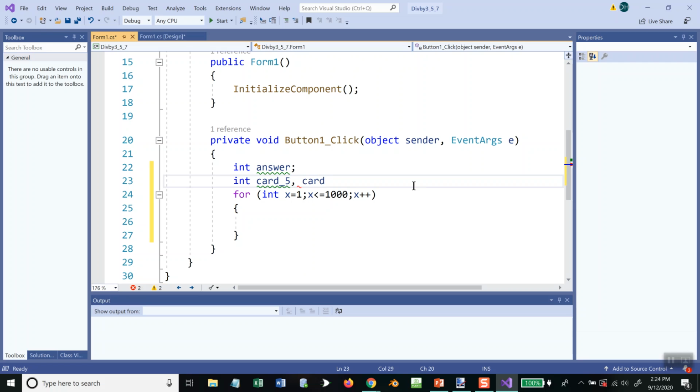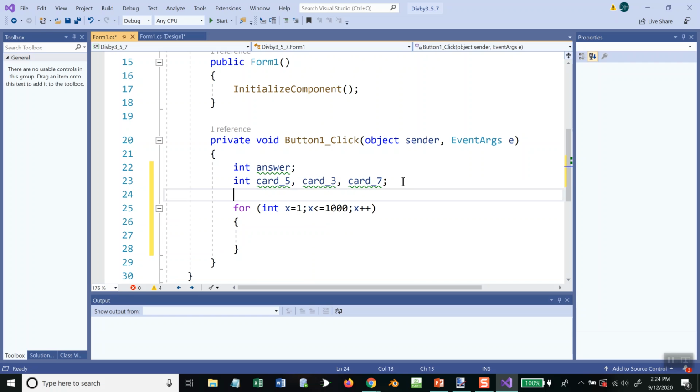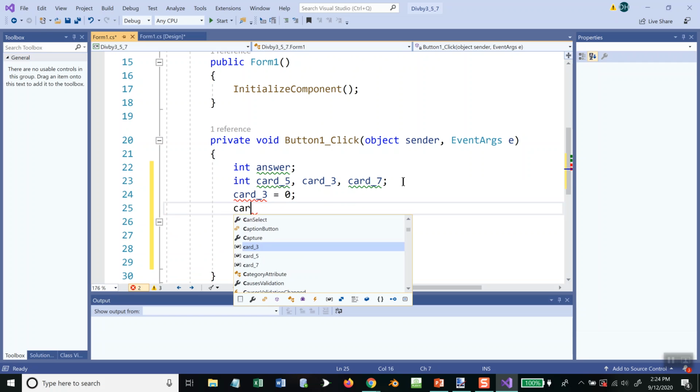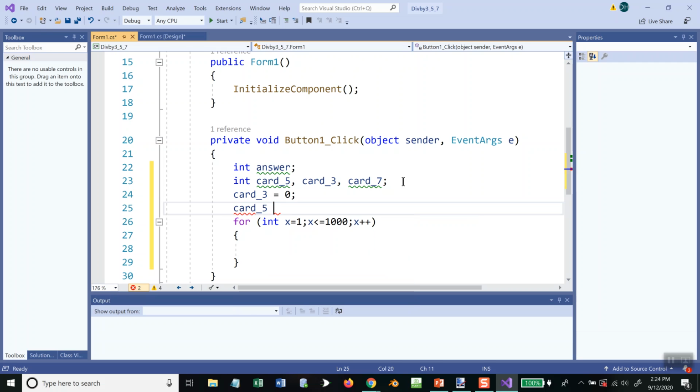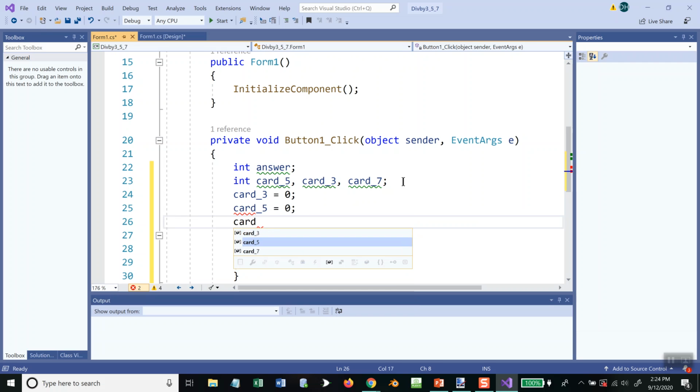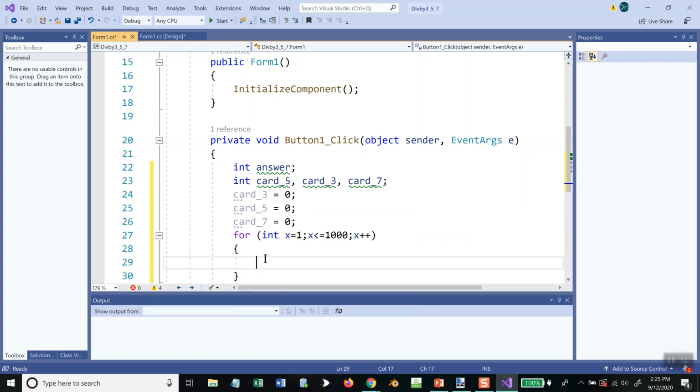Cardinality of 5, cardinality of 3, cardinality of 7. Okay, so let's put that in there first. I need to initialize these. So card 3 is equal to 0. Card 5 is equal to 0. Card 7 is equal to 0.